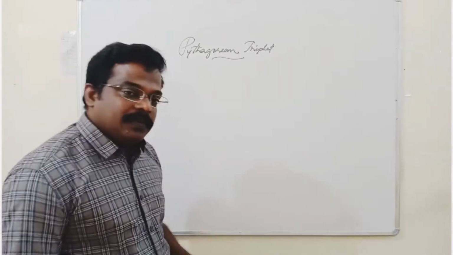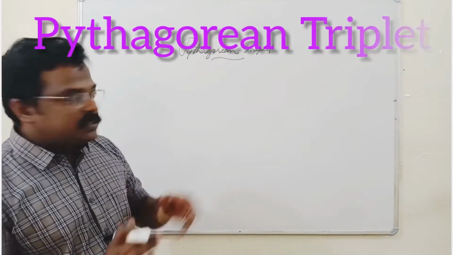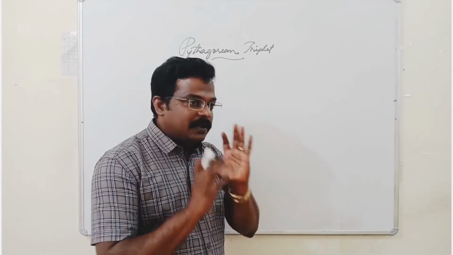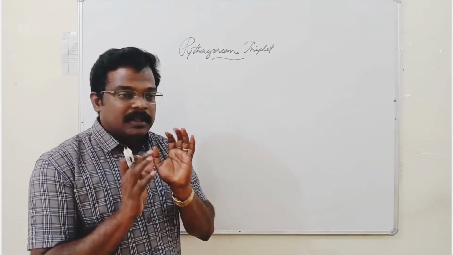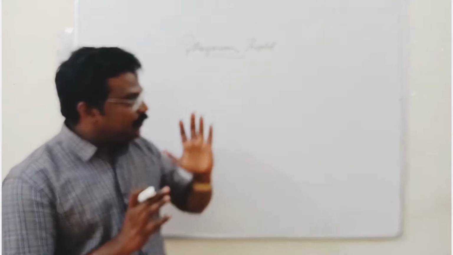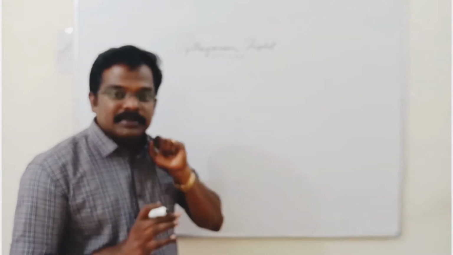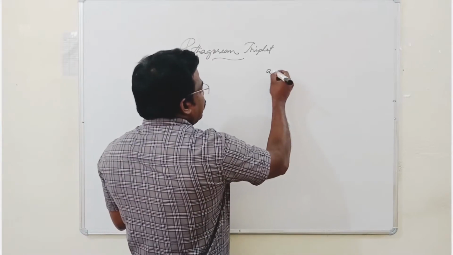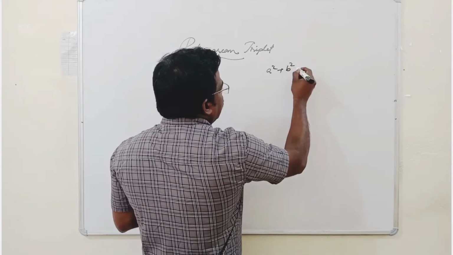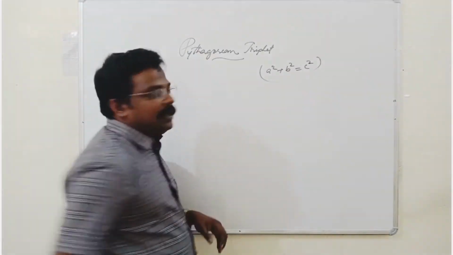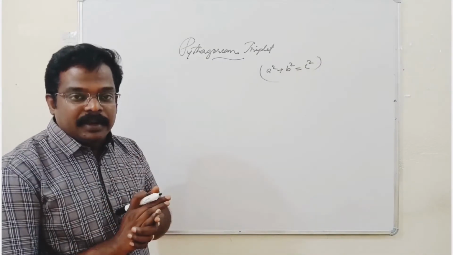Next, let us see another important property of squares, that is the Pythagorean triplet. From the word triplet itself you know that there will be 3 numbers. It has some specialities. If you take a, b, c as 3 natural numbers, and a squared plus b squared equals c squared, then only can we say these 3 numbers are a Pythagorean triplet.